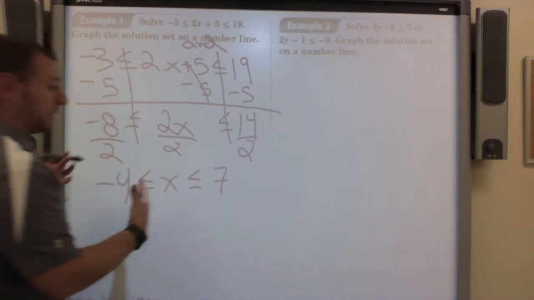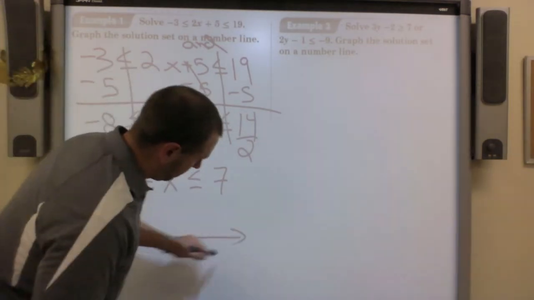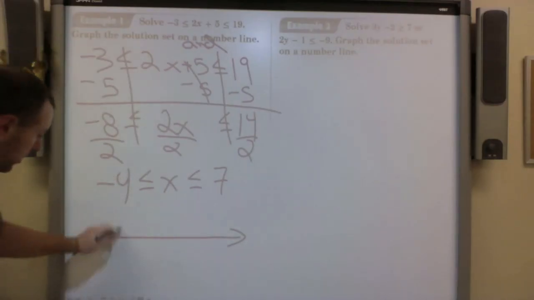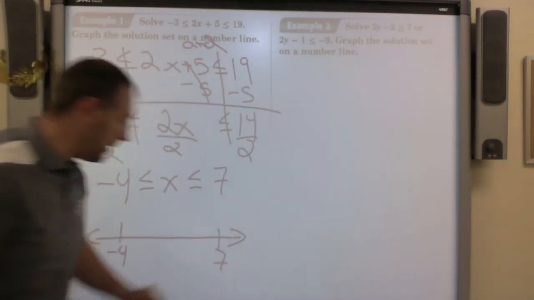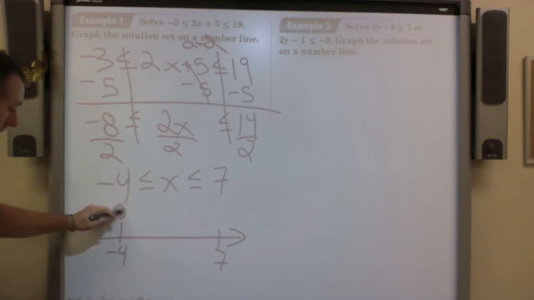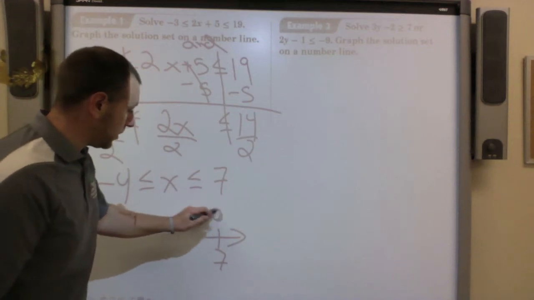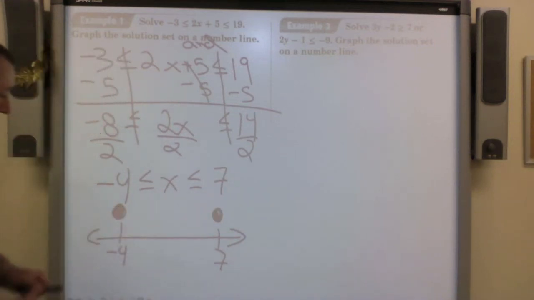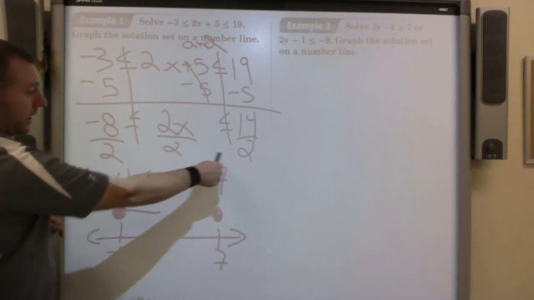Now I have two things to graph. On a number line, let's say -4 is there, 7's here. Over the -4 is a closed circle. Over the 7 is a closed circle. And x is greater than or equal to -4, but less than or equal to 7.